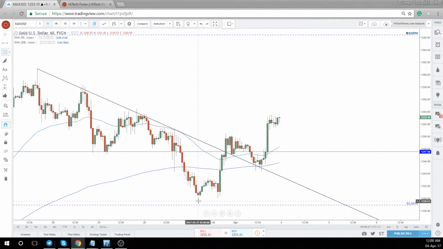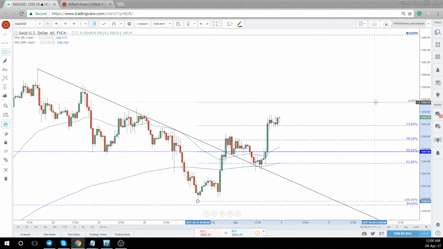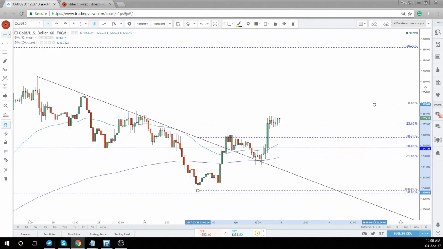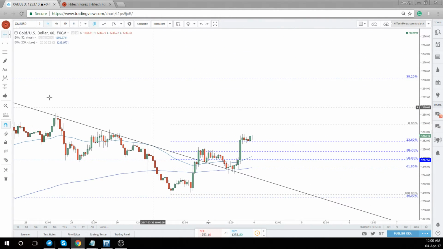And again applying our fibs. 50%. You see this level has been broken, this resistance. So we can expect market to go further up, and the nearest target is here. But let it extend it as we usually do.